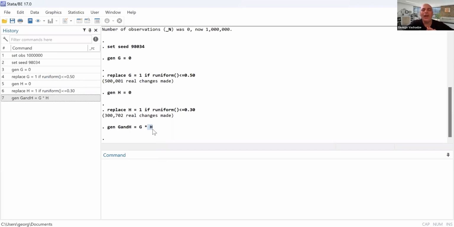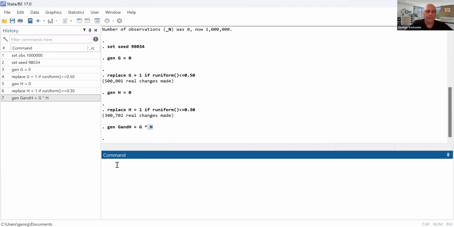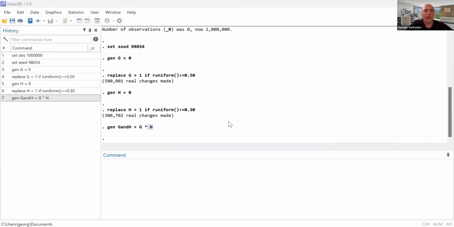So now I will summarize, or rather, I need to tabulate. Summarize gives me the moments, and I need a frequency table.